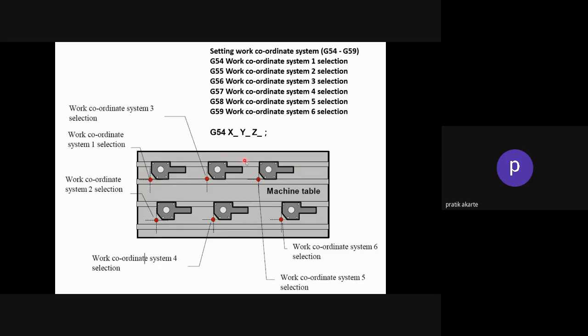Then your second part is over here. In the next part of the program, the instruction will be given as G55. Now the machine has to move to the G55 work coordinate, so it will move over here and machine this part. Then again it will move to G56, the third part, then the fourth part.